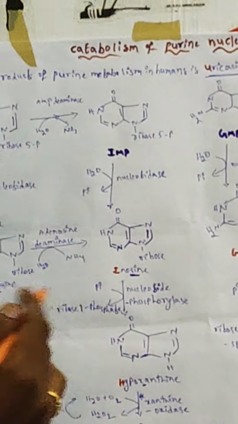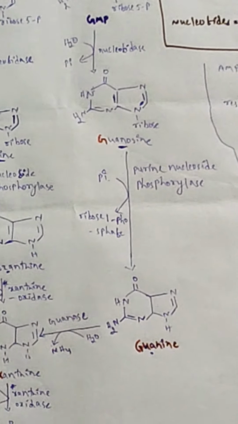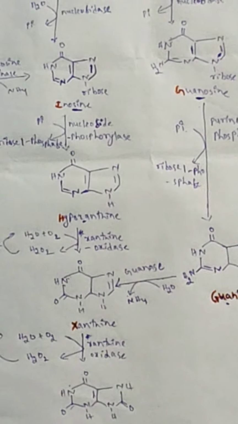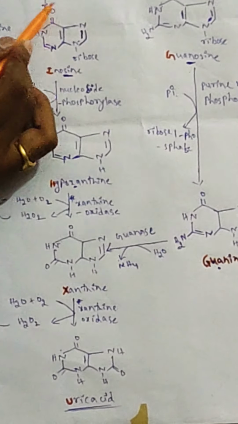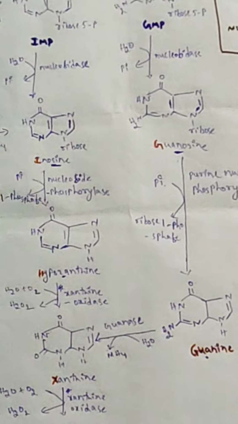In the next step, inosine and guanosine are converted to their nitrogenous bases. Remember, nitrogenous bases here means without ribose. This molecule, without sugar, is known as the nitrogenous base.